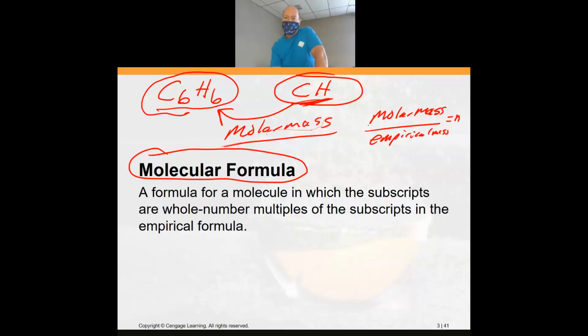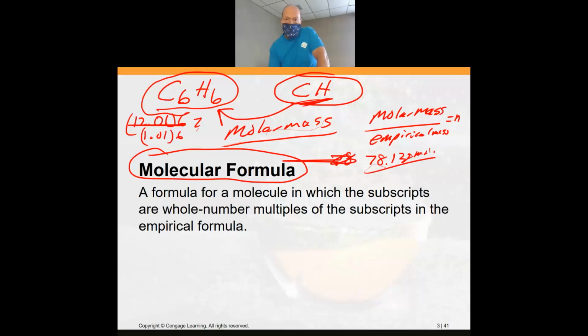So for this example, your molar mass is C6H6. So that's going to be 12.01 times 6 plus 1.01 times 6. So you've got your 72, 78. And so the molar mass there would be 78.12.